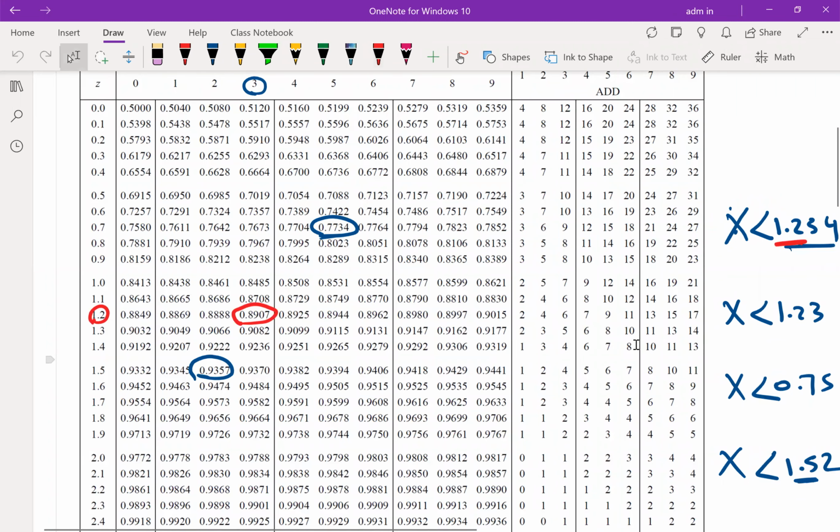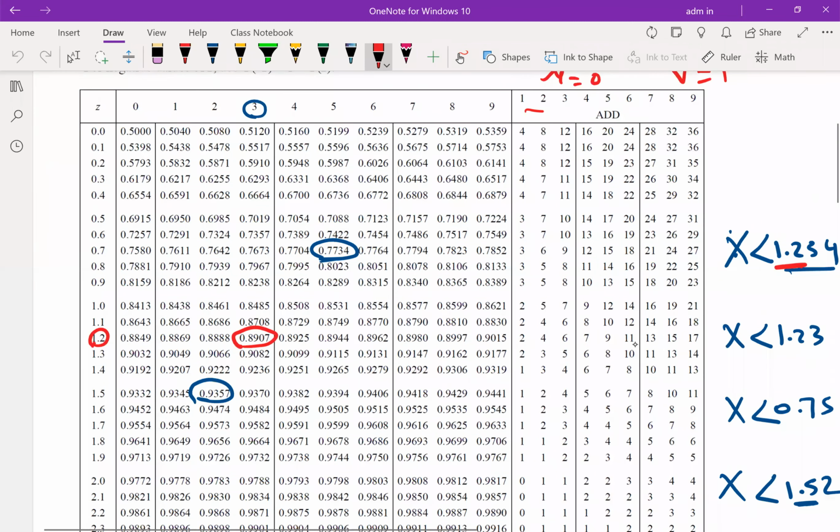What is written here? 1, 2, 3, 4, 5, 6. This is the third decimal place. 1, 2, 3, done. What about 4? The area on the right side has 4 digits. If you have only the value 7, remove the last 0 and write 7. This is the answer.